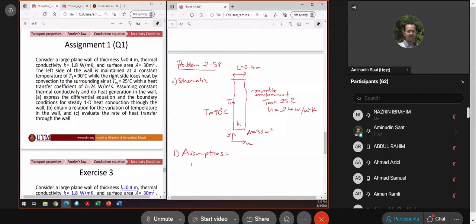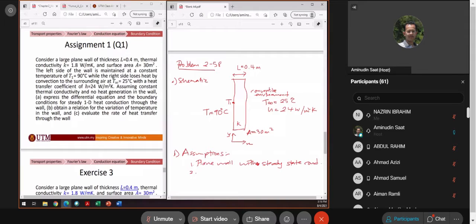It's a plain wall with a steady heat conduction, plain wall with steady state condition.